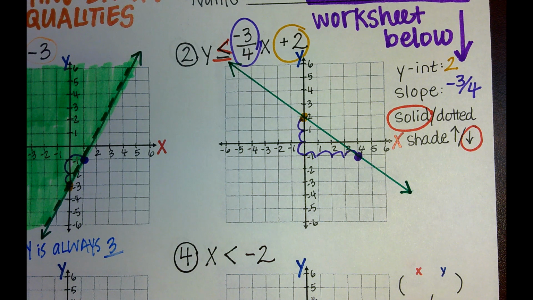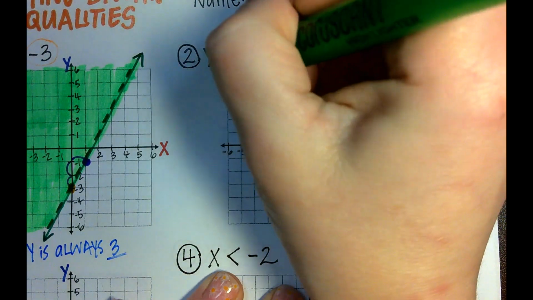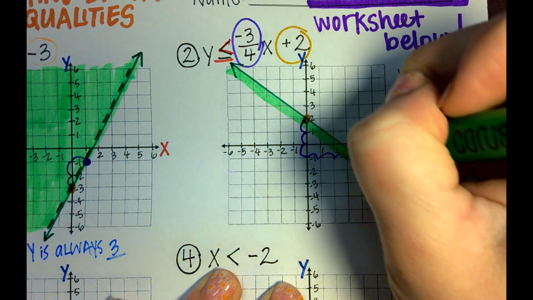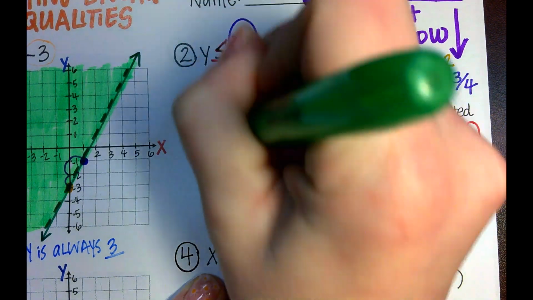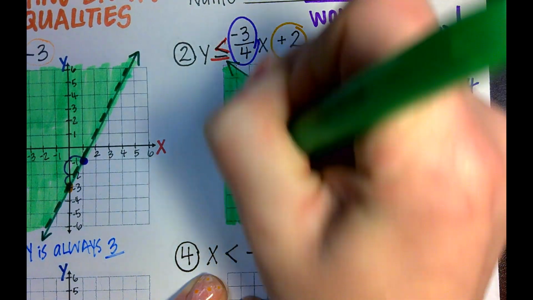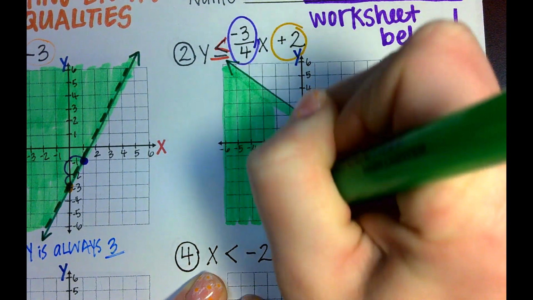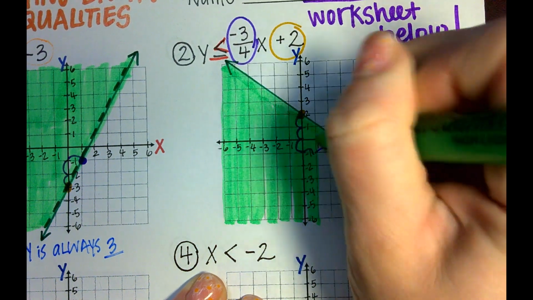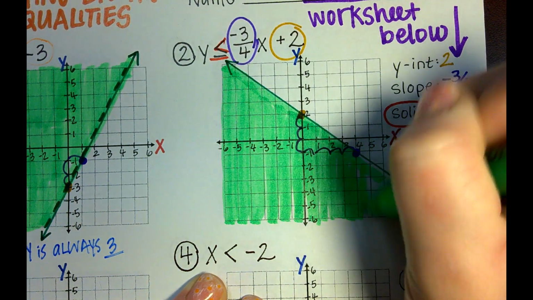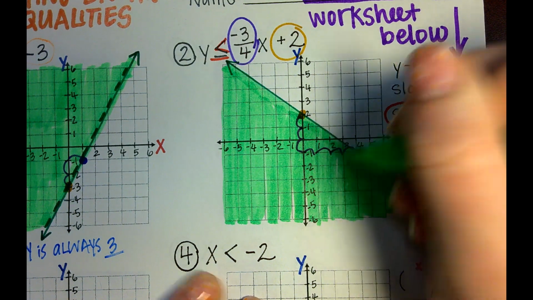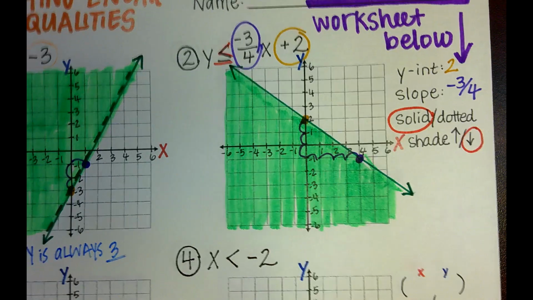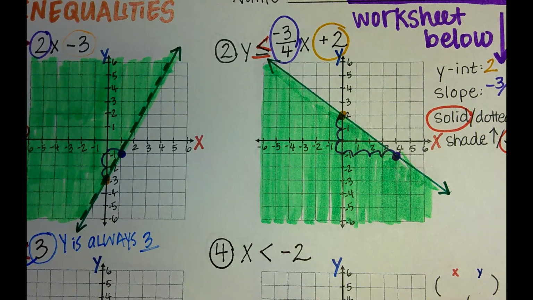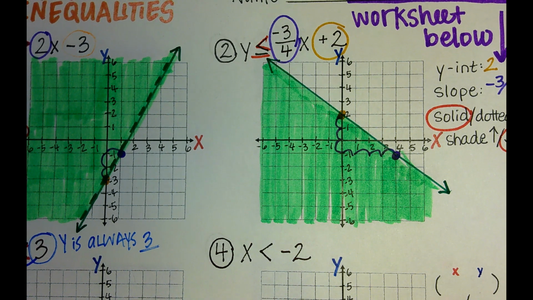And we're going to shade below the line. There we go. That is what our graph should look like. Something like that.